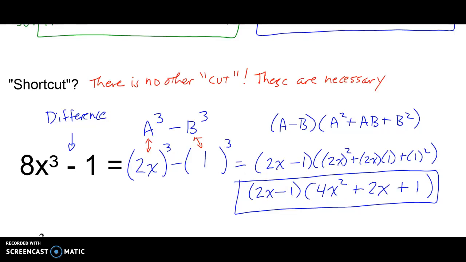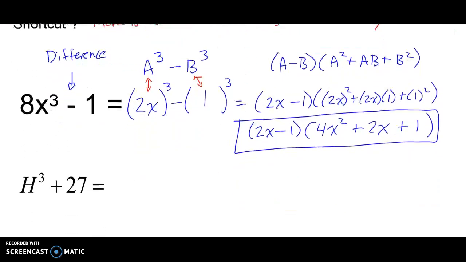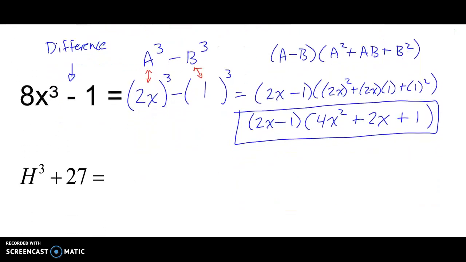So there's one example. Not a particularly difficult example. The 1 makes that part really easy. Let's do one that's slightly more challenging, like this one here. So, is it a sum or a difference? Pretty clearly a sum. So the formula we're trying to make fit is the formula for a cubed plus b cubed.